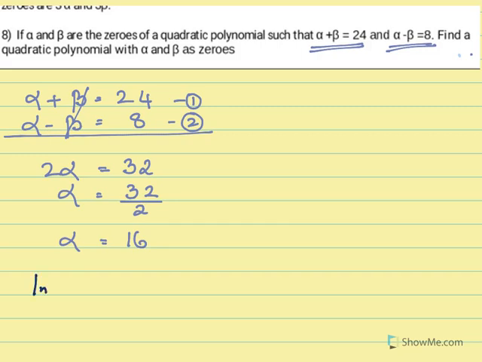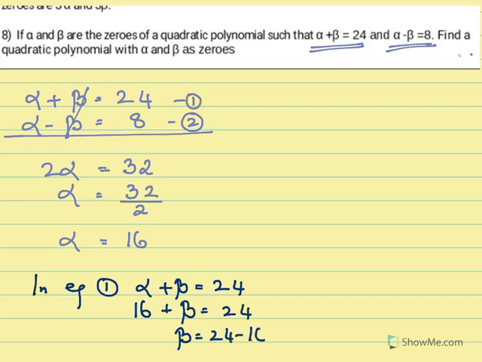Now we need to find beta. So in equation 1, that is alpha plus beta equal to 24, we put alpha equal to 16. So 16 plus beta equal to 24. Beta is 24 minus 16, so we have beta equal to 8.